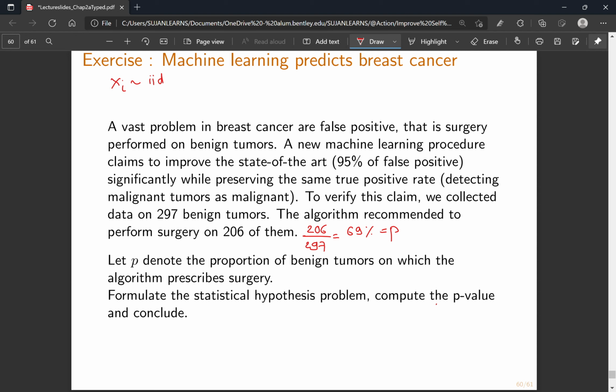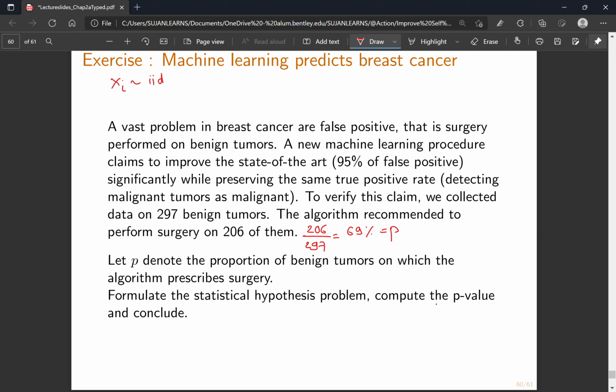And what kind of distribution does this X_i have? X_i has a Bernoulli distribution, because each of the 297 cases of benign tumors is a Bernoulli trial: the algorithm takes a look at the case and either recommends surgery or doesn't.